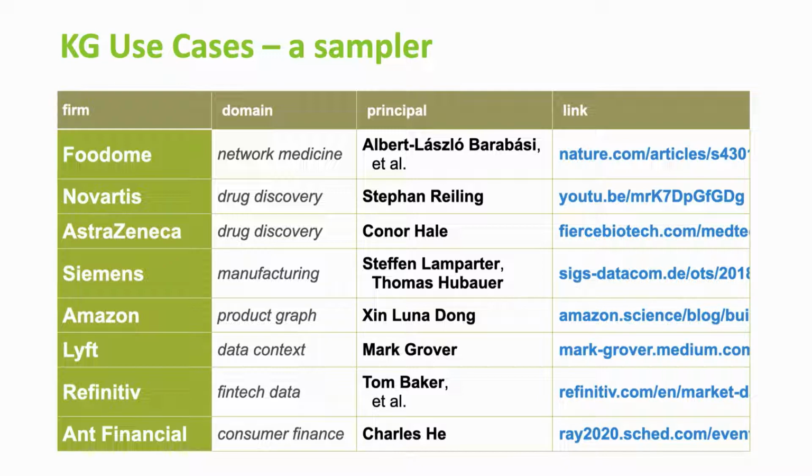Mark Grover was formerly product manager of data at Lyft. He's done some amazing work talking about their use cases for metadata management using graphs. Refinitiv and Bloomberg and others, of course, in the tech space, but Tom Baker and others talking about that with fintech data. And certainly, if you get a chance, check out some of the talks from Charles Hay, Xinghua Hay at Ant Financial on what they're doing.